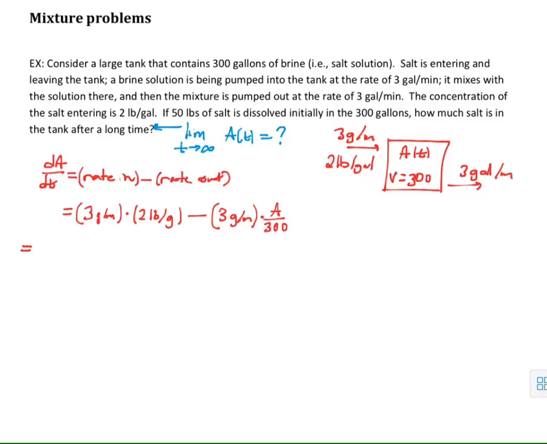Which means my equation is dA/dt equals 6 minus 3 times A over 300, which is A over 100.